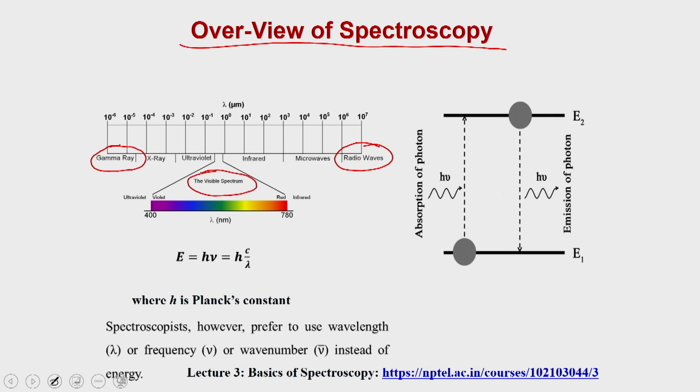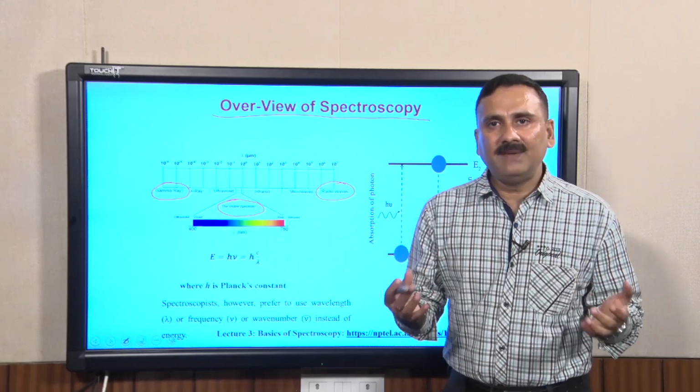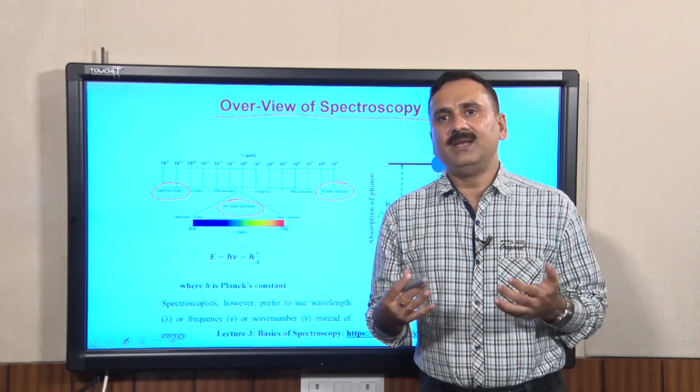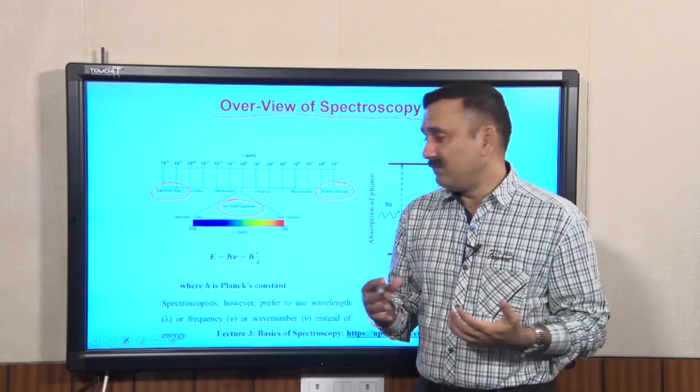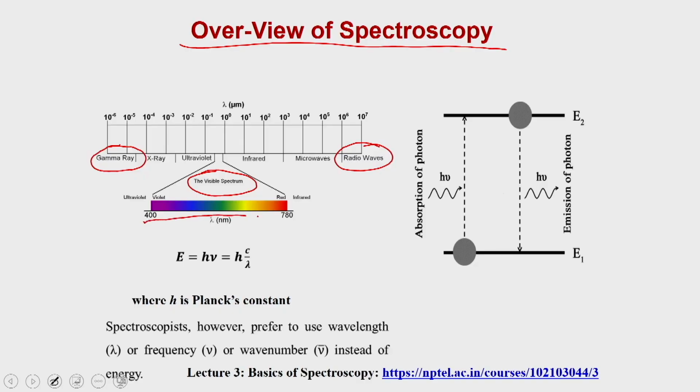This is the spectrum which anybody can see with the naked eye, which means the human eye can perceive only the light which falls under the visible spectrum. Beyond the visible spectrum you have infrared light, microwaves, and then radio waves. Below the visible range you have ultraviolet, X-rays, and then gamma rays.